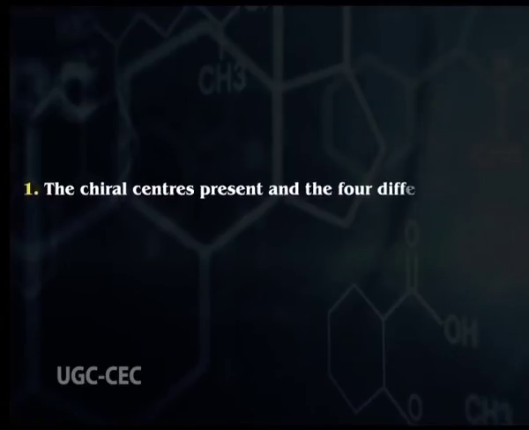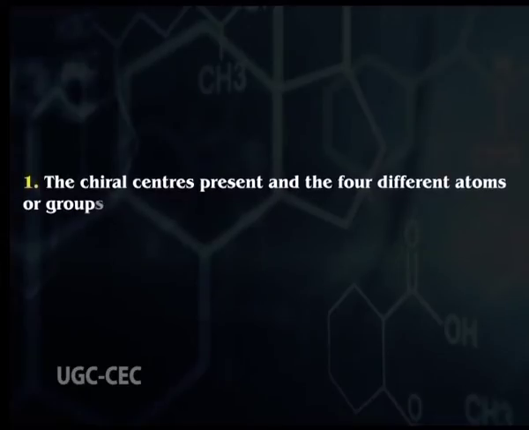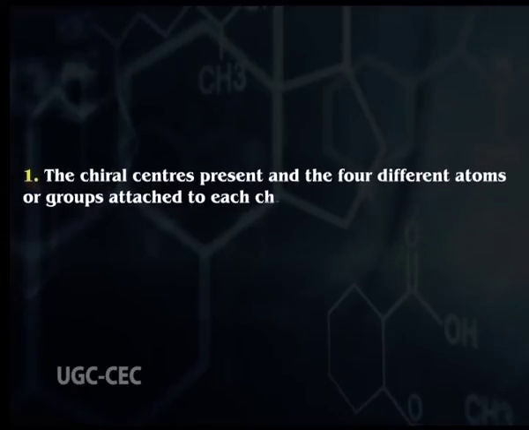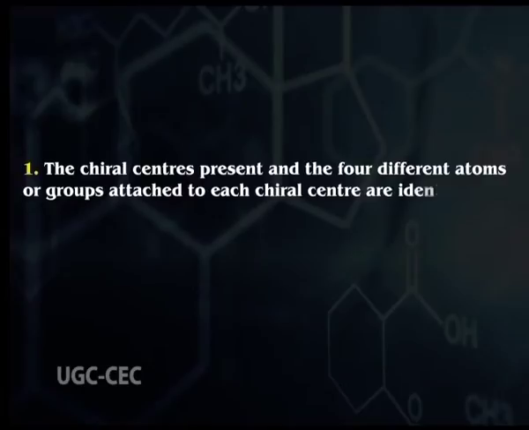A naming system called the Cahn-Ingold-Prelog method, or in short CIP method, is used, and it follows several rules. Number one, the chiral centers present and the 4 different atoms or groups attached to each chiral center are identified first.